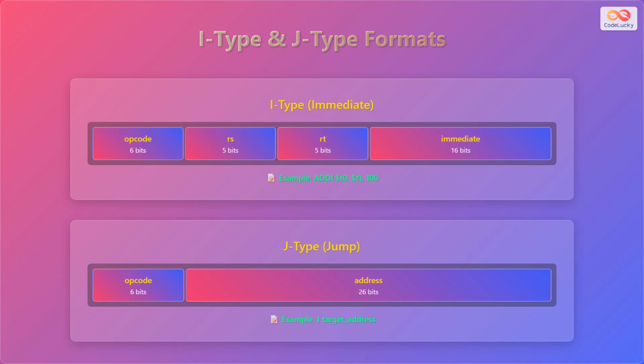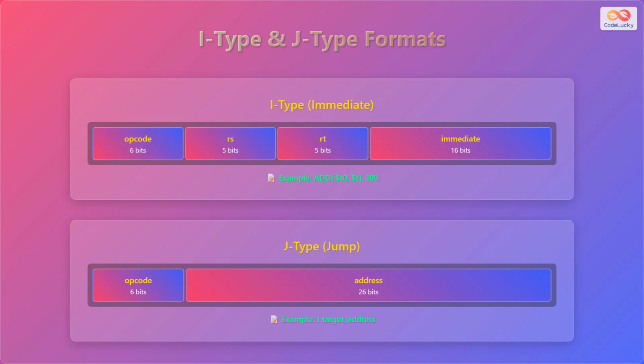RT, which is 5 bits, representing the destination register. Immediate, which is 16 bits, representing the immediate value to be used in the operation. An example of an I-type instruction is add immediate $T0, $T1, 100, which adds the immediate value 100 to the contents of register $T1 and stores the result in register $T0.